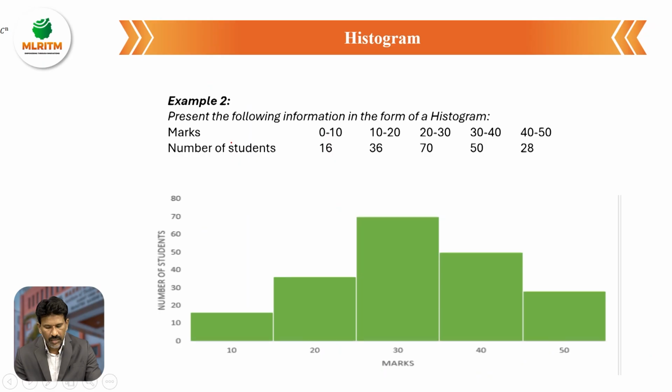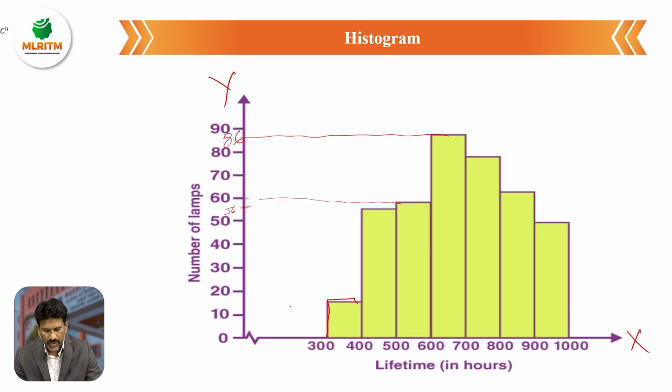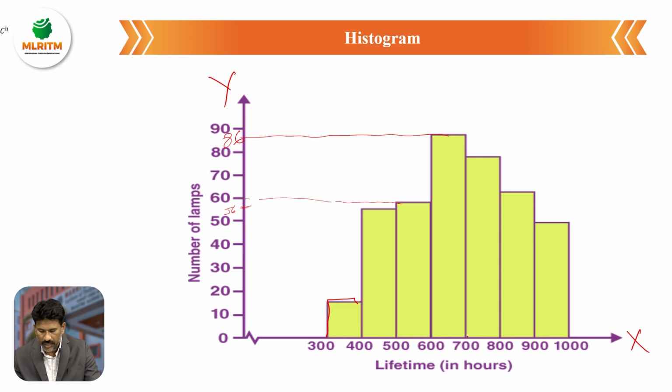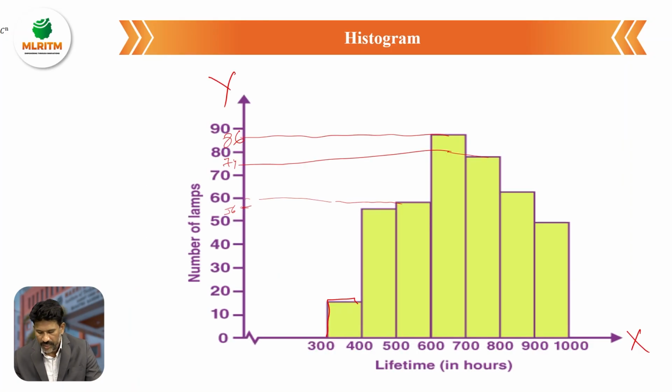If you see the next one, 700 to 800, 74 is presented here in between 70 to 80. If you see 800 to 900, 62 is presented in between 60 to 70.